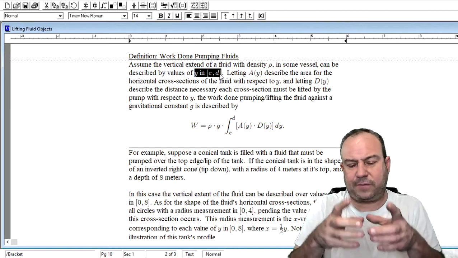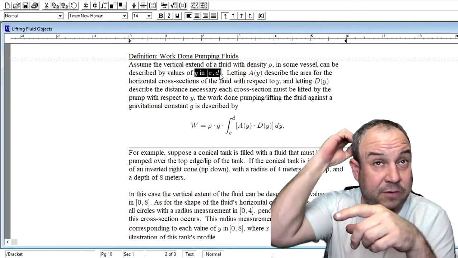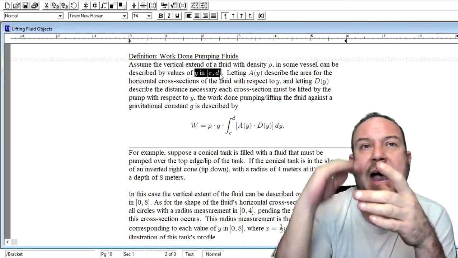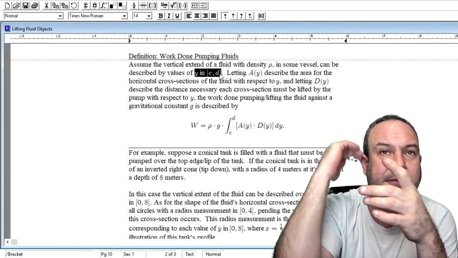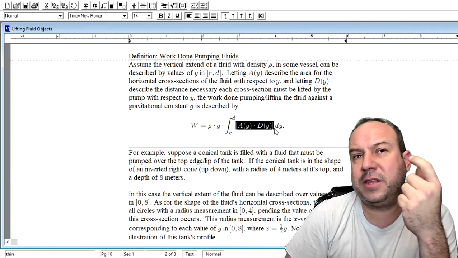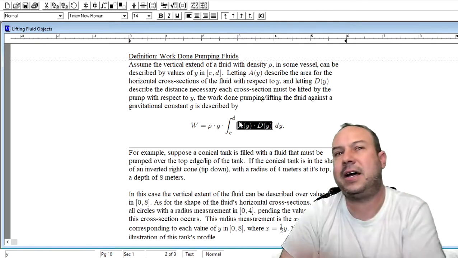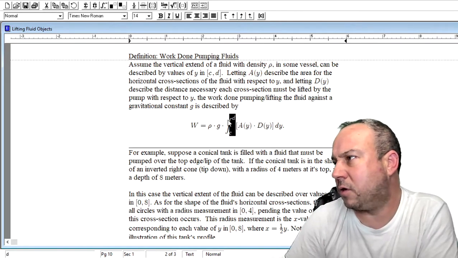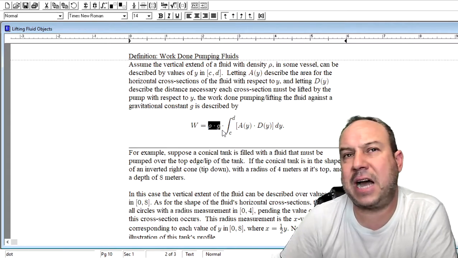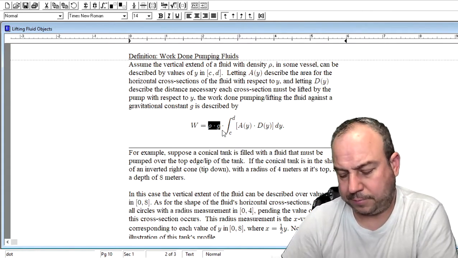You're going to figure out how you calculate the area of the cross section for each of those subintervals, and how far they have to be lifted to the top of the tank, or to the height where they're considered to be pumped from the tank. With the area description and the distance description in terms of y, they can form your integrand from that product, where you then integrate over that vertical extent of the fluid. Multiply that by the density and the gravitational constant, and you have your calculation for work.